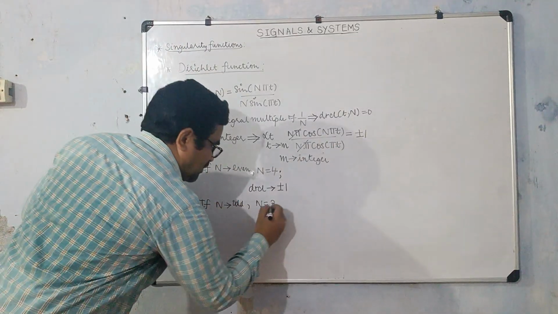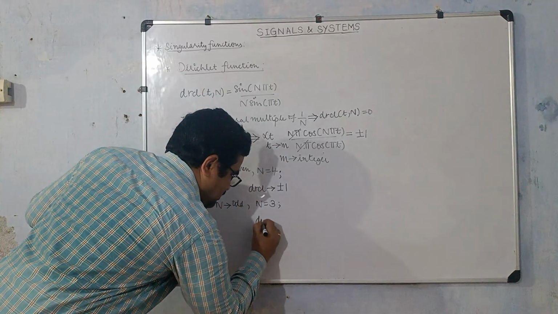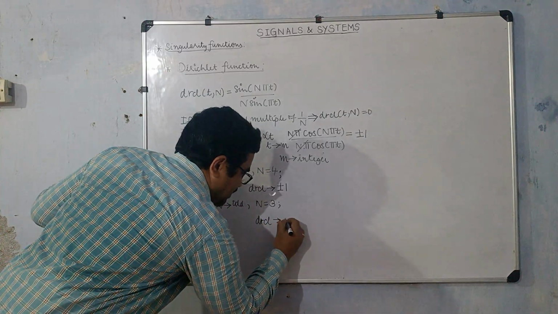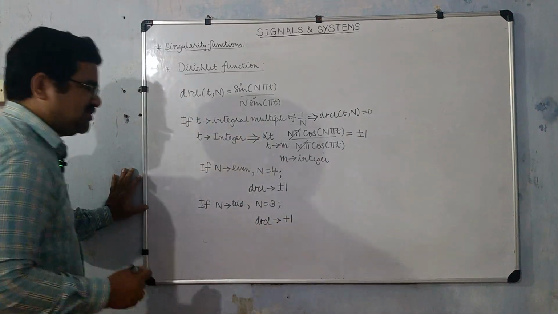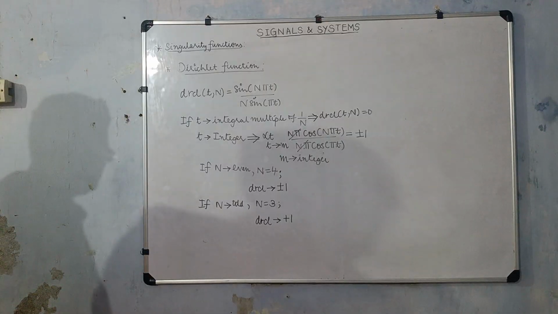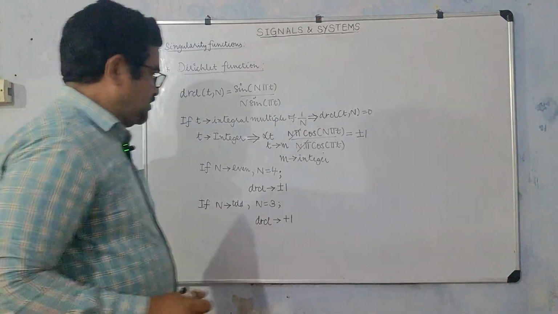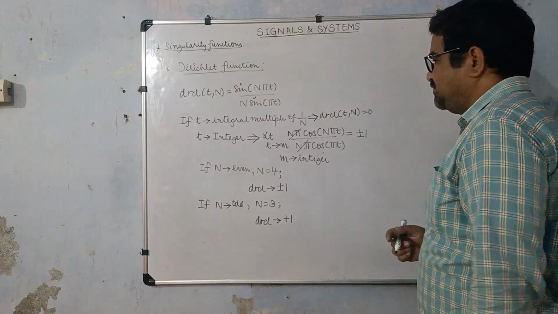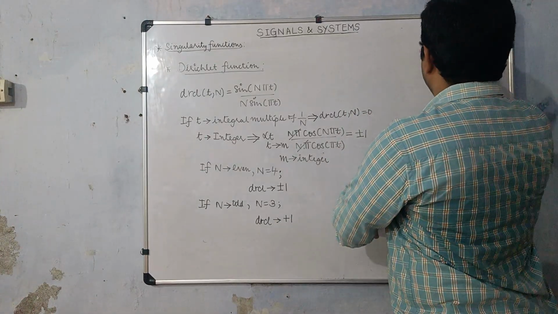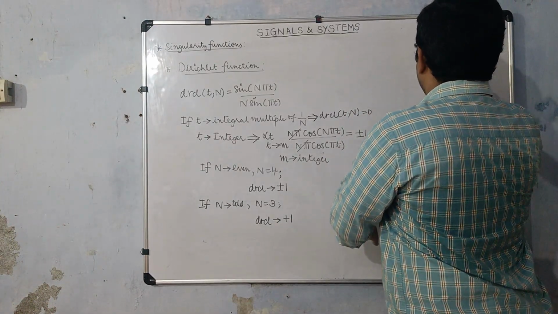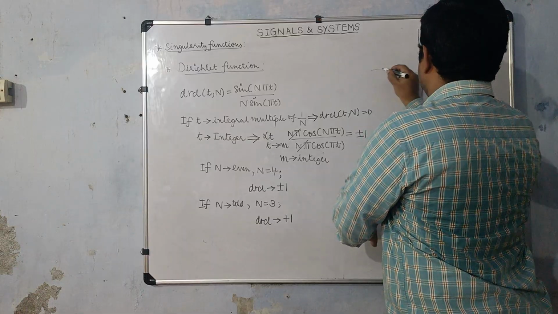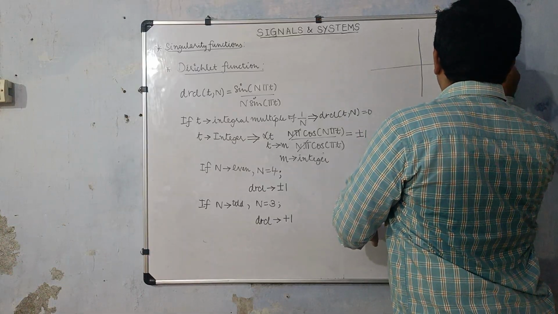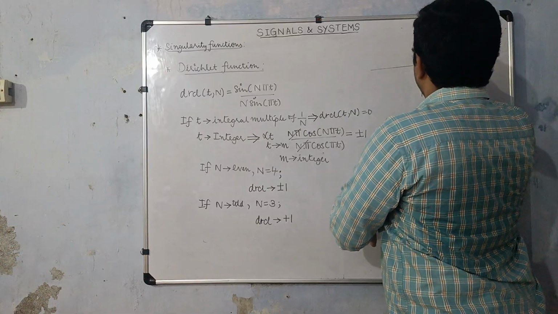So if n is odd, the Dirichlet function always takes only positive values, plus 1. It does not have any negative value. Based on this, we will draw the Dirichlet function for two different cases, when n is even and when n is odd.